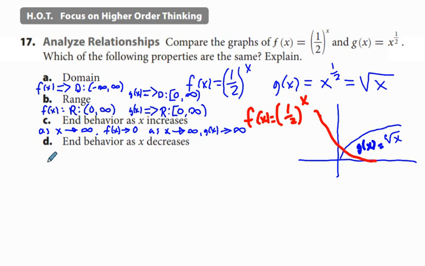And for this f of x here, for behavior as x decreases, as x approaches negative infinity, f of x approaches infinity.